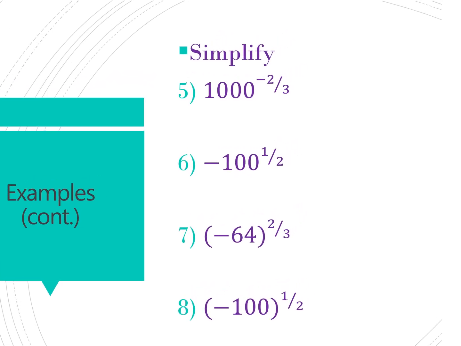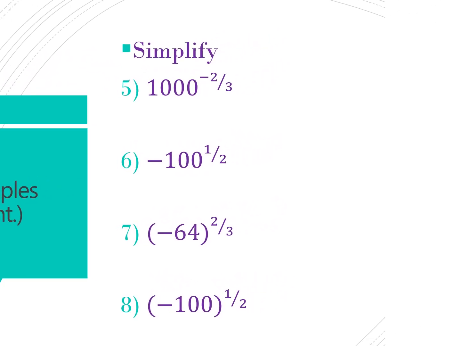So we have 1,000. And again, notice it's raised to a negative power. So again, it doesn't make it negative, it makes it a fraction. So I'm going to first take care of that negative exponent. I'm going to move it to the bottom of the fraction and make that exponent positive now.